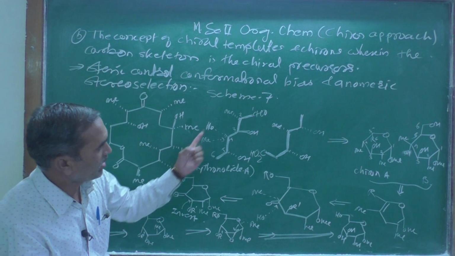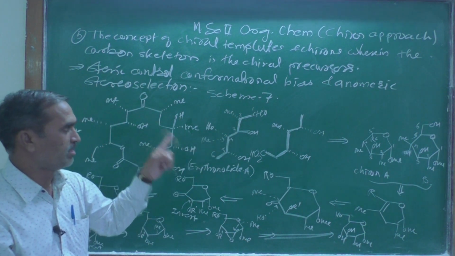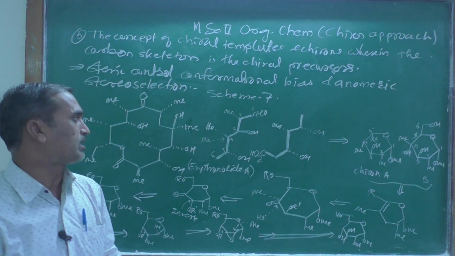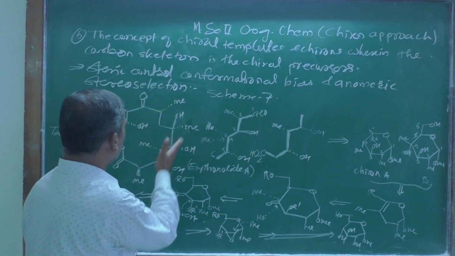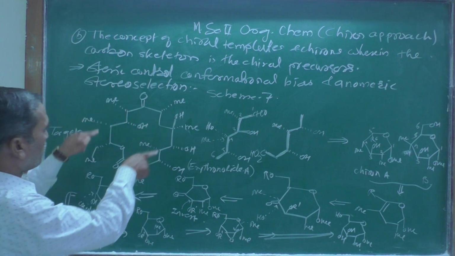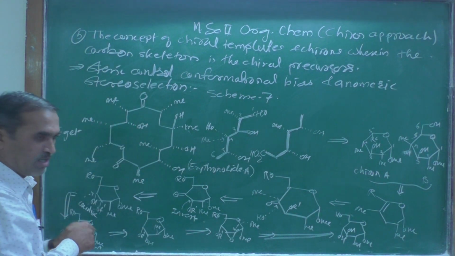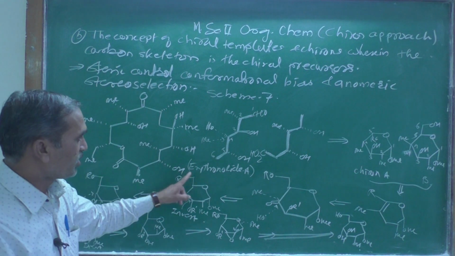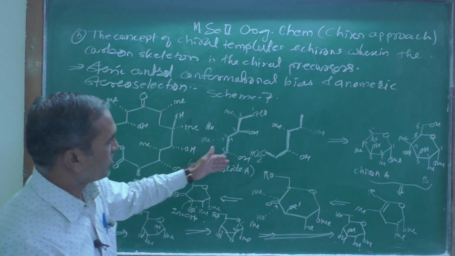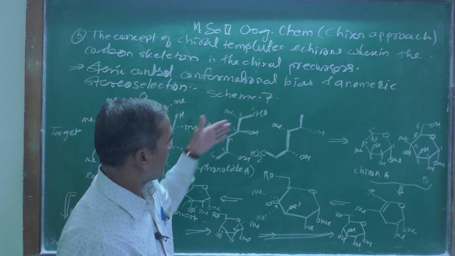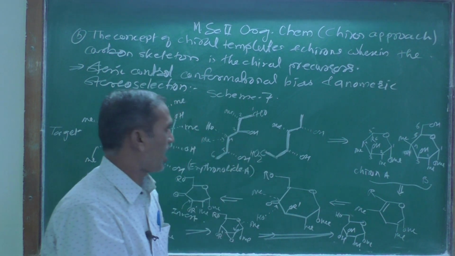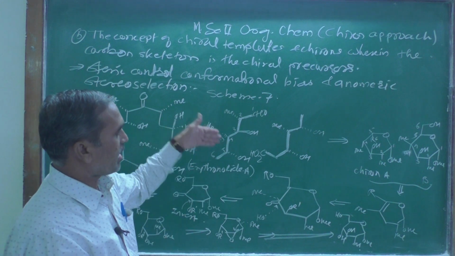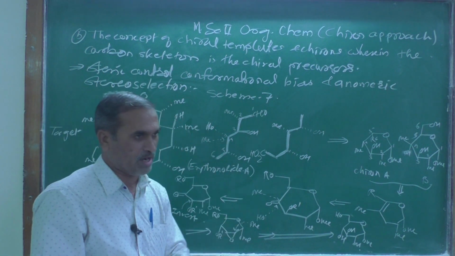Now look at one of the skeletons or segments which is apparently seen in this target molecule. If you look at the carbon framework or the carbon skeleton in this particular molecule erythronolide A, here you will see this one is an alpha hydroxy carboxylic acid, as well as a carbohydrate skeleton.